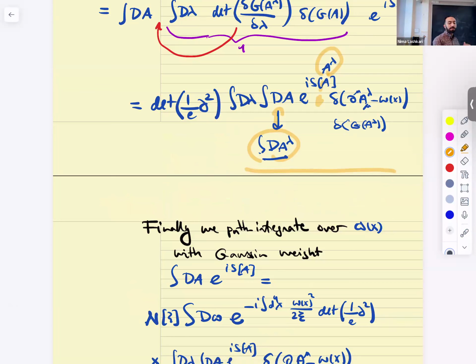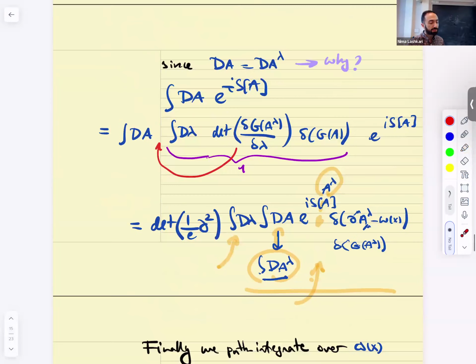I wrote my path integral as a path integral over the gauge fixed configuration and an integral over d mu. I delivered on the promise for step 1. Good? In the case of QCD, everything is the same, except for non-abelian gauge theories, this stays inside here. So I'll have to deal with it properly later.